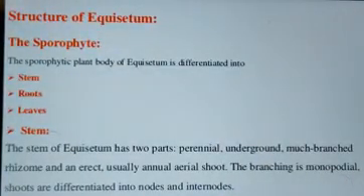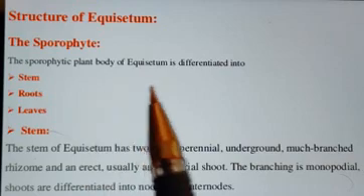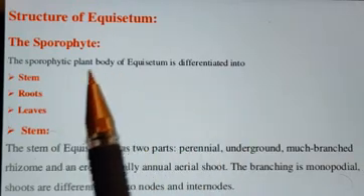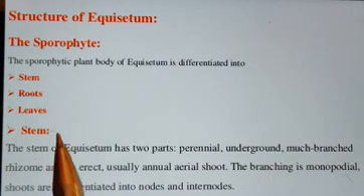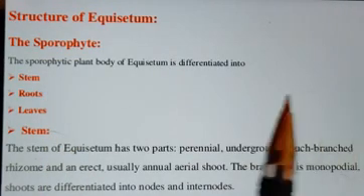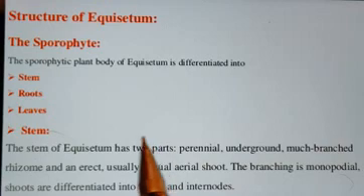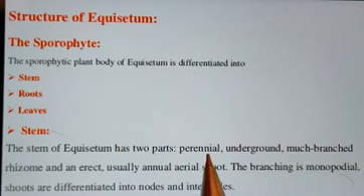The structure: first of all, the sporophyte plant body of Equisetum is differentiated into stem, roots, and leaves. So the stem of Equisetum has two parts: a perennial, underground, much branched rhizome, and an erect, usually annual aerial shoot.